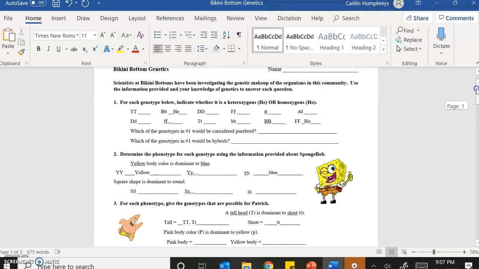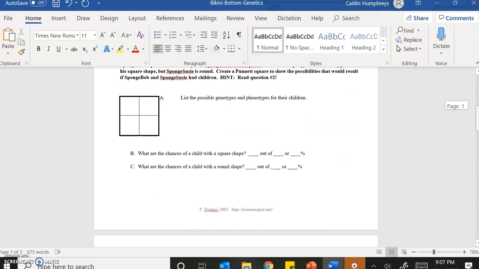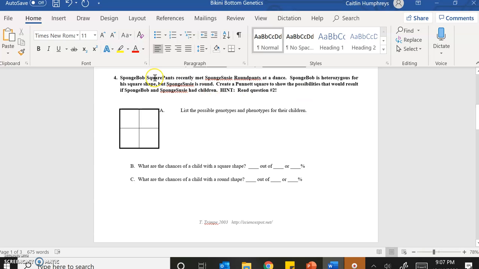Alright, that is 1 through 3. Number 4. SpongeBob SquarePants recently met Susie Roundpants at a dance. SpongeBob is heterozygous. Immediately, I know I'm going to have, let's go ahead and say he's a pants, but I like B's because you can tell the difference.